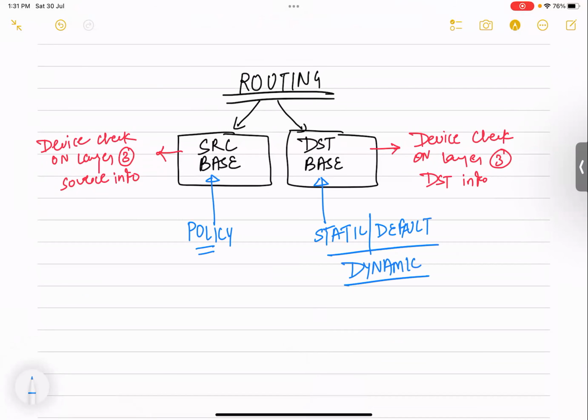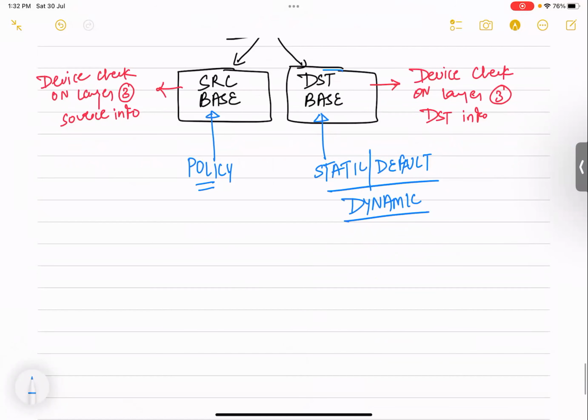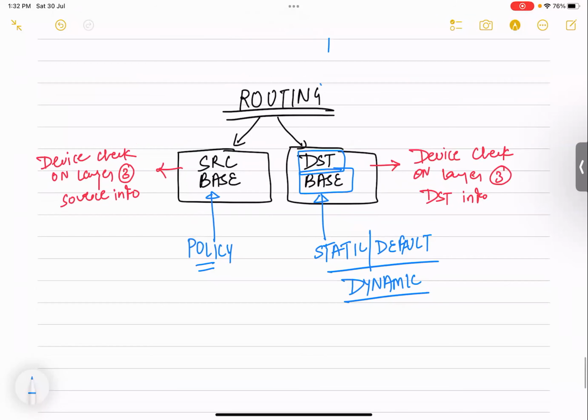Any doubt? No. So first we start with destination based routing. Routing we can perform for IPv4 and IPv6. We learn IPv4 first, then we discuss IPv6. Any doubt? No.